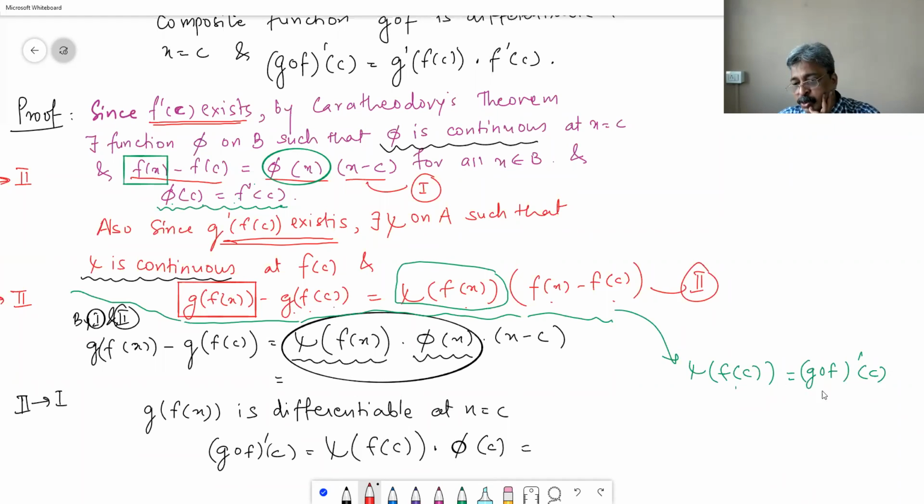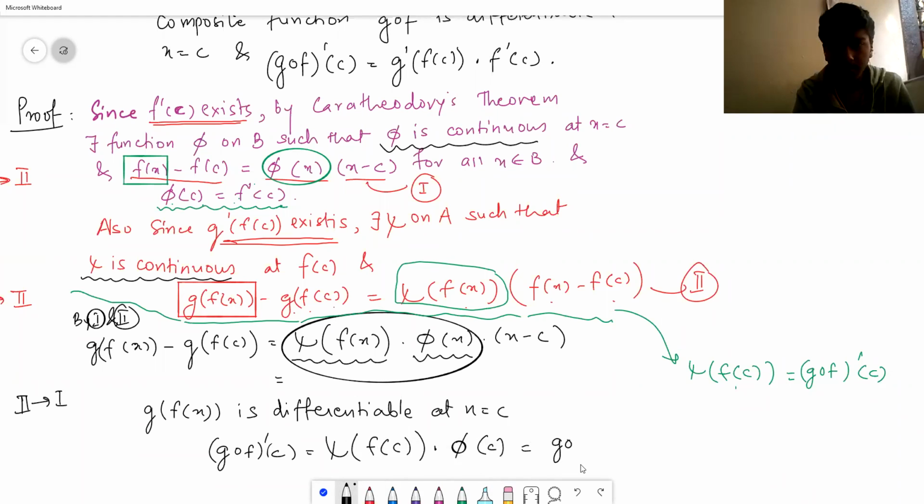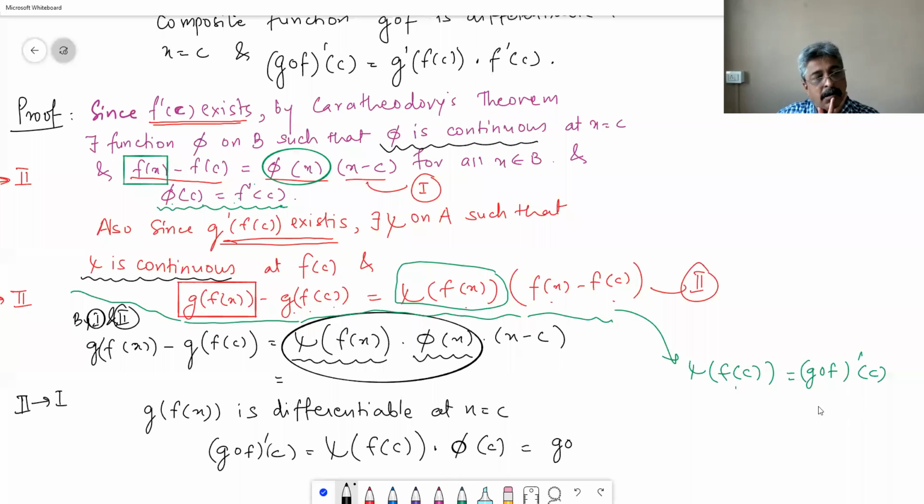So after 2, this statement should be there. And now psi of f of c is equal to g o f, sir, it should be g dash of f of c here, right? Yes.